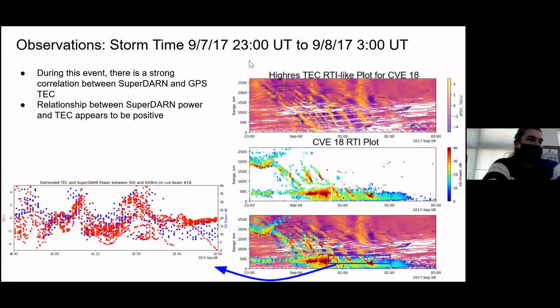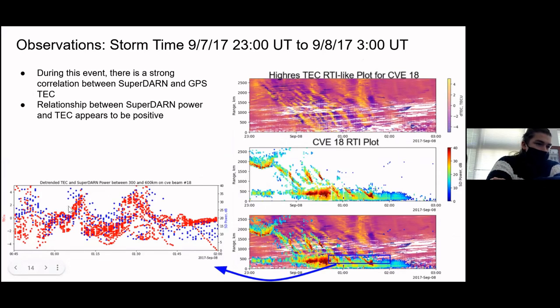So during the event, there's a strong correlation between the two waves. Here I'm showing you TEC and a SuperDARN consensus on an RTI plot, and you plot them on top of each other, and surprise, they match up, at least in this case. And it's a positive correlation.